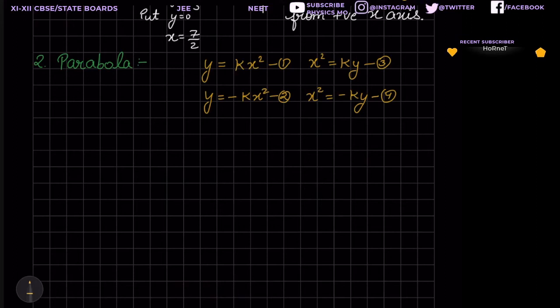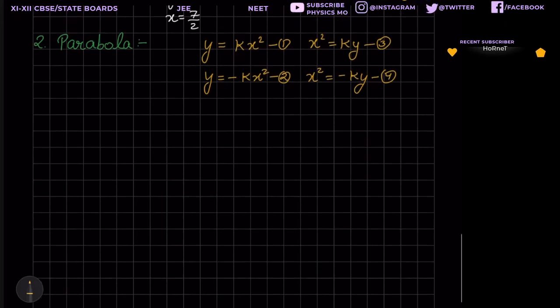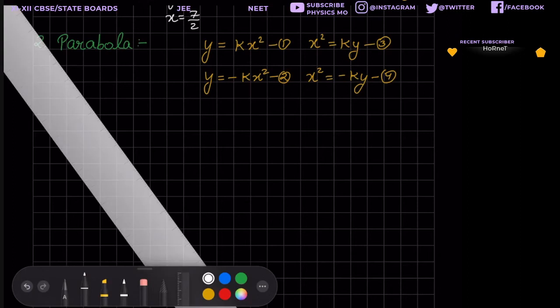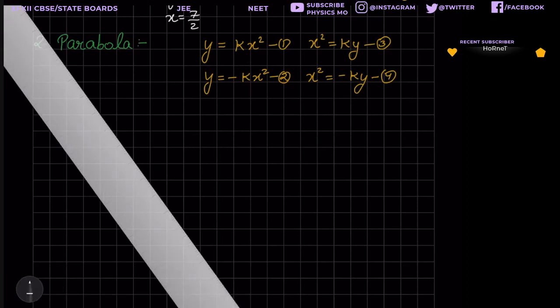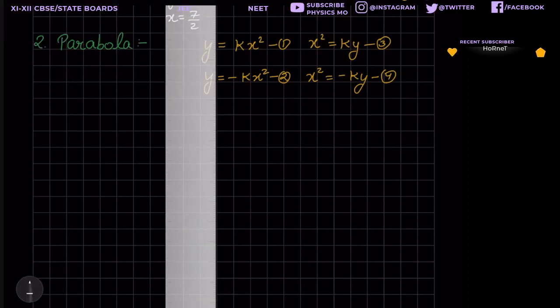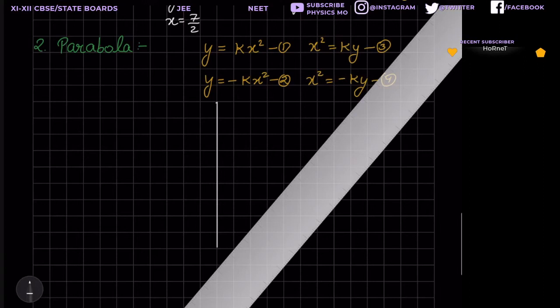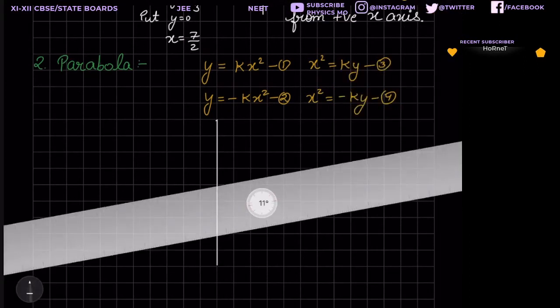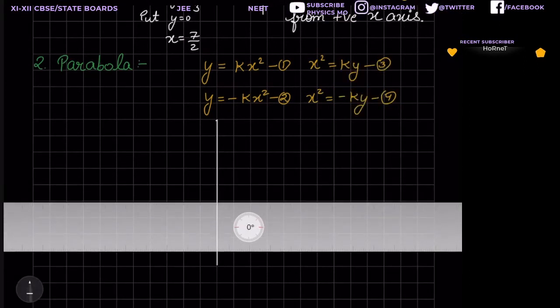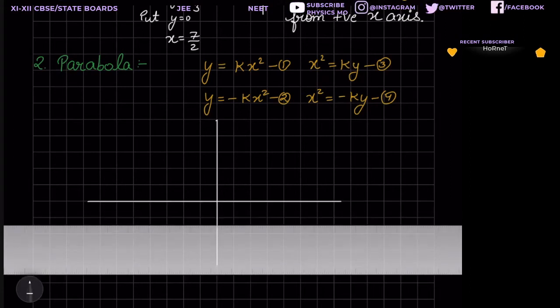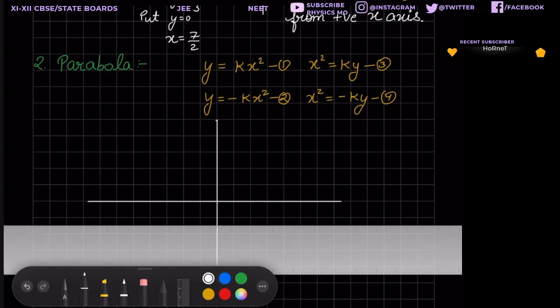So what happens in this case is like how you have to draw the shape of these kinds of functions. We have this y-axis, we have this x-axis, and we have to draw all 4 of them.